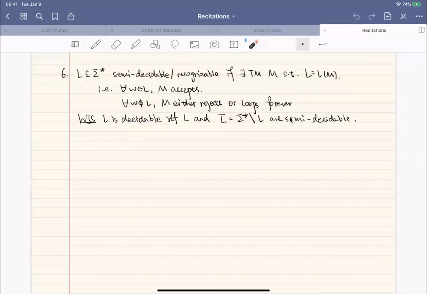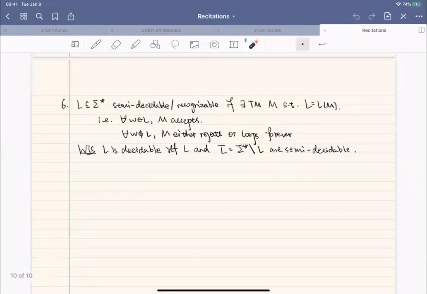Let's now look at number 6 for this week's recitation. For a fixed alphabet, sigma, we define a language that is semi-decidable or recognizable if there is a Turing machine M such that the language of this Turing machine is equal to the language we are looking at.